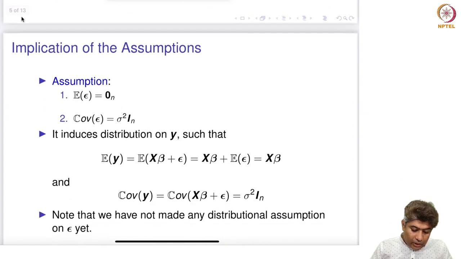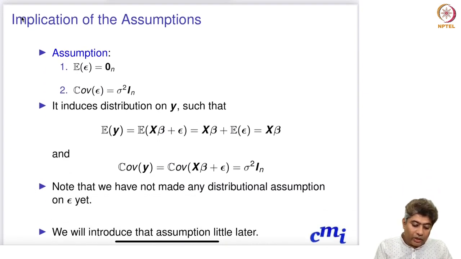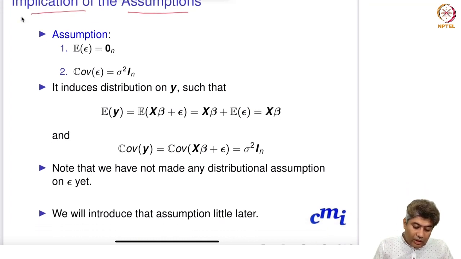Now, what is the implication of this assumption? The implication is that it induces a distribution on the response vector y. If we take the expectation of y, X is typically considered deterministic, and beta in a classical setup we consider as an unknown constant.